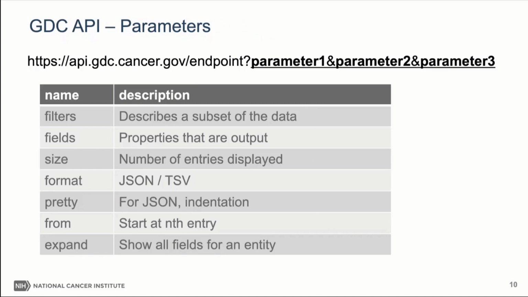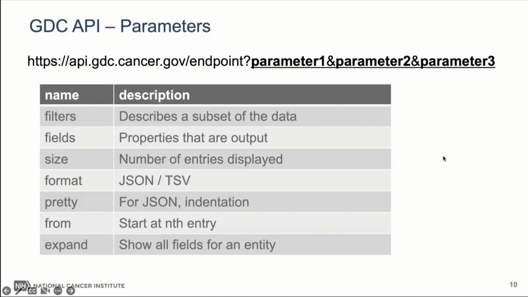The format, things can be exported in JSON or TSV format depending on your preference and the structure of the data. The pretty parameter makes things human readable, and for JSON, it gives it a better indentation. From starts at an entry that's not the first one, and then expand shows all fields for a specific entity.